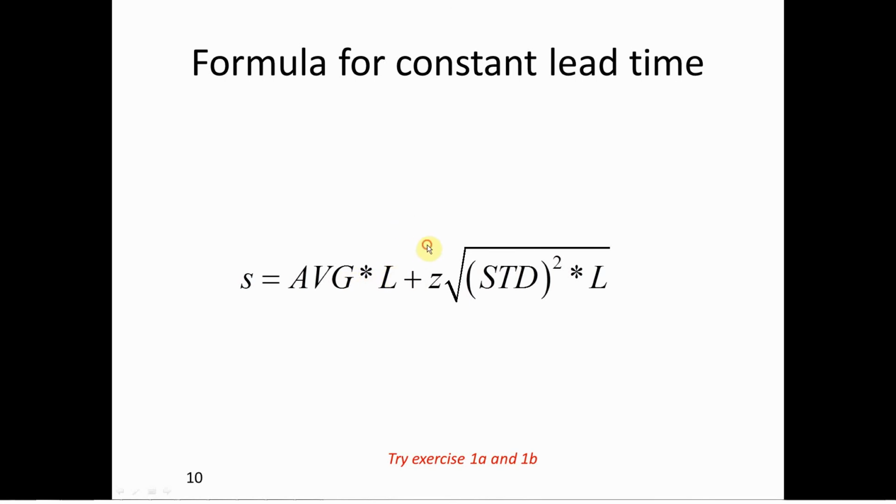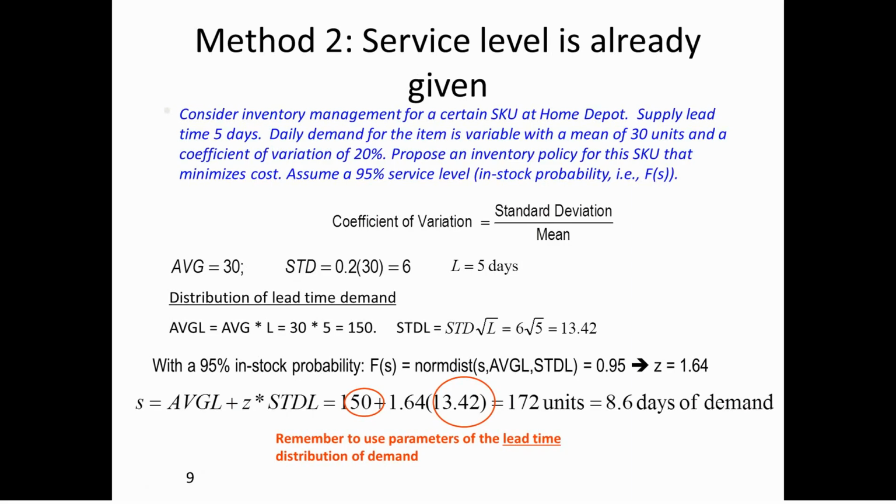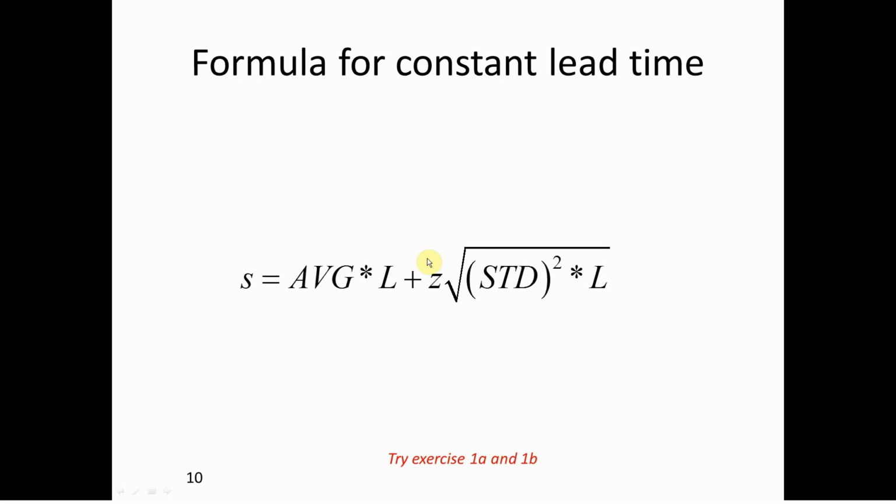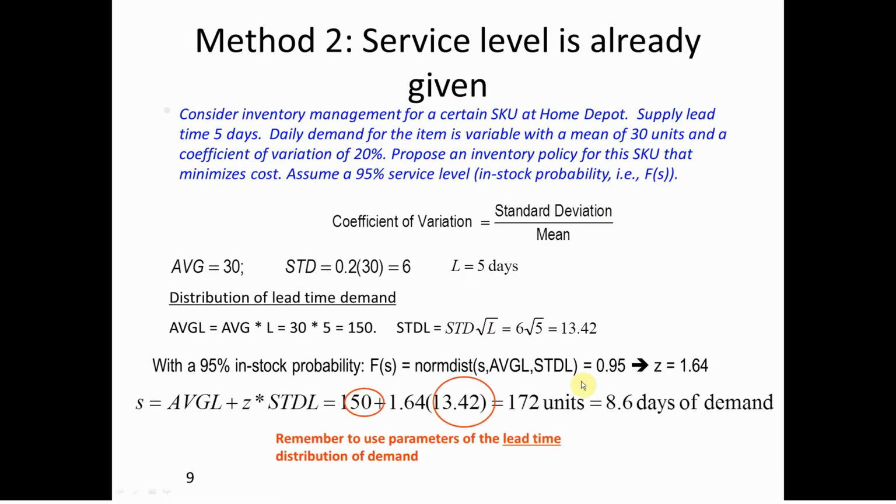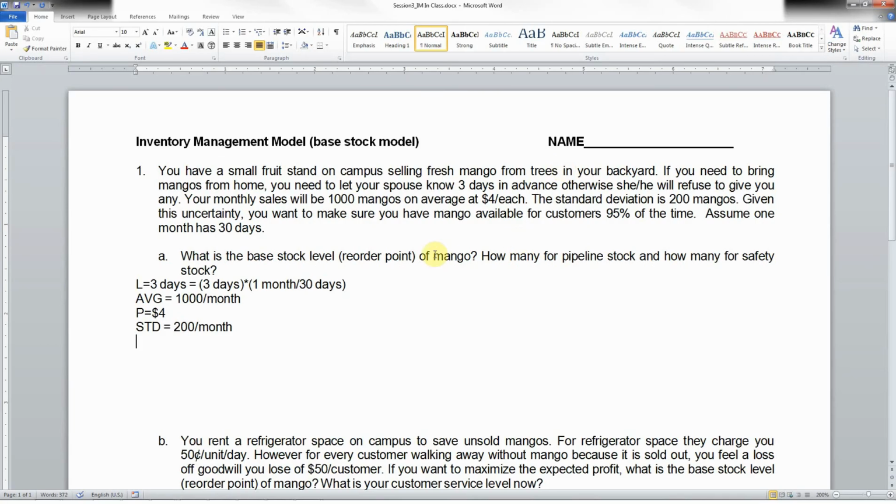In this case, you don't use this. What you want to do is figure out what z would give you the... So you have to say you want the probability that the demand over the lead time is less than the stock level S is equal to 95%, so 0.95.